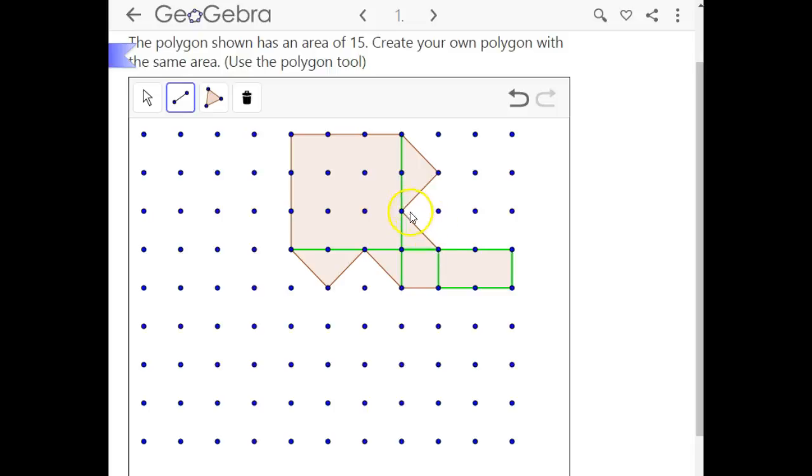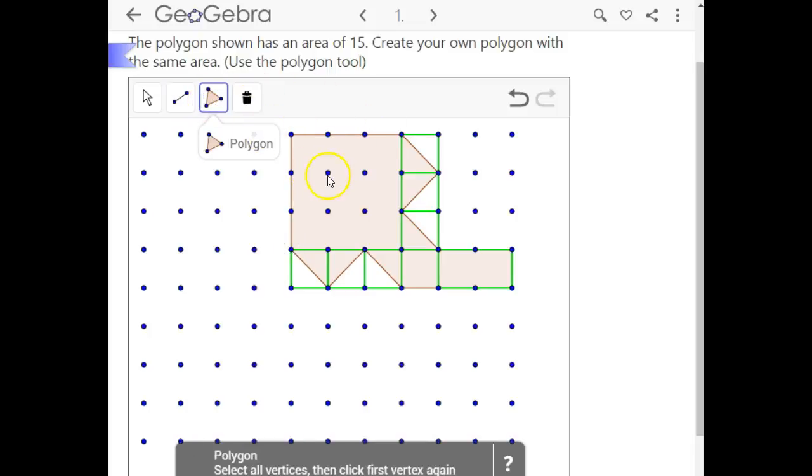And then I'm going to take this square here, so that's a half, and another half. And then I've got 2 more halves here. And I can do the same here. I thought I saw a writing tool.